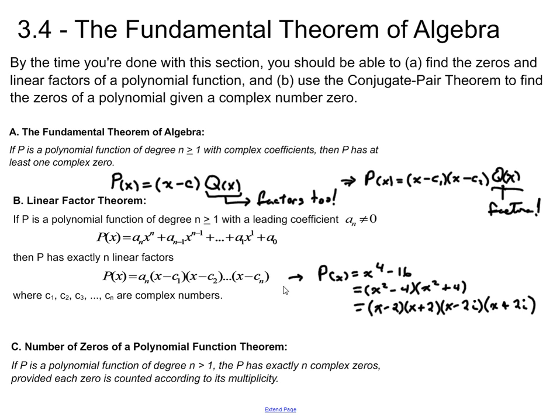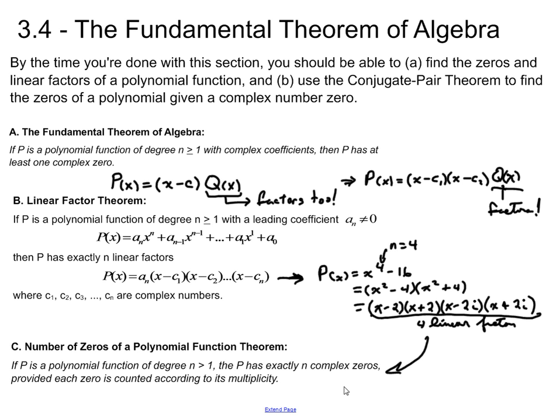And so what our linear factor theorem has to say about that is that, well, this is exactly what we would expect to happen. We have a degree n of 4, and we have, lo and behold, 4 linear factors with complex zeros. Right? And if we had any repeating factors, we might count those as well. Okay? So the conclusion right here is this third thing that they state.